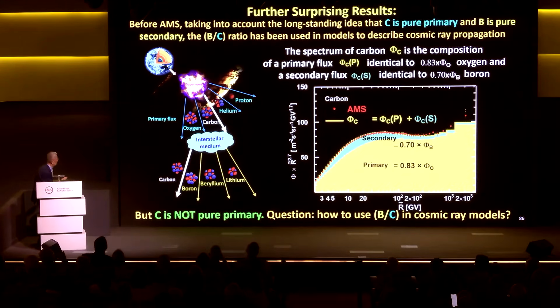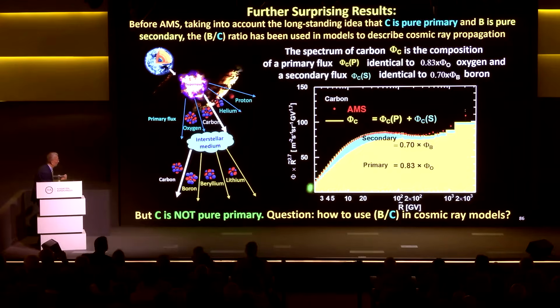Another unexpected result is, before AMS, taking into account 50 years of tradition, assuming carbon is pure primary and boron is pure secondary, the B over C ratio has been used to describe cosmic ray propagation.